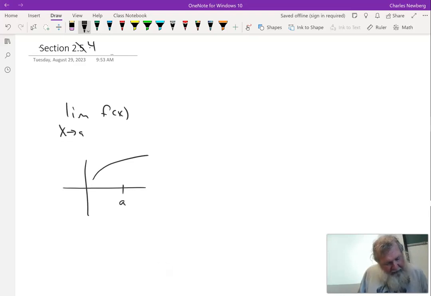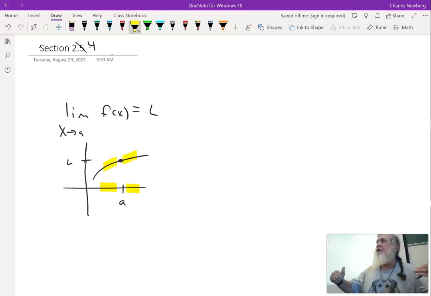This is the graph of y equals f of x, and there is L. If this was the graph of f of x, would we say the limit equals L on this picture? We would, right? So that's one thing. As we go into a, what's happening to these function values? They're approaching what? The same value from either the left side or what? The right side.